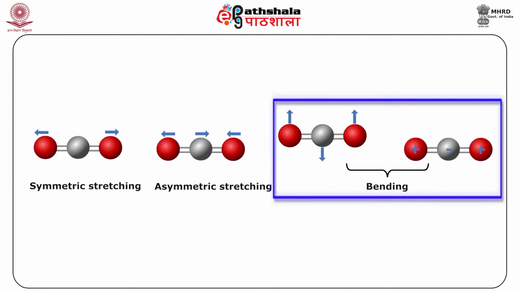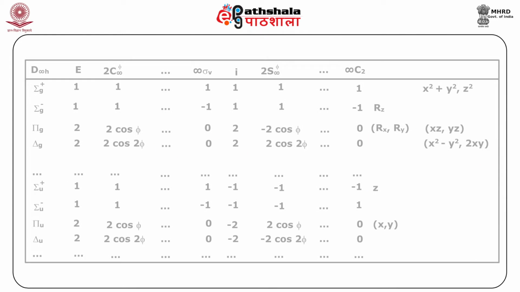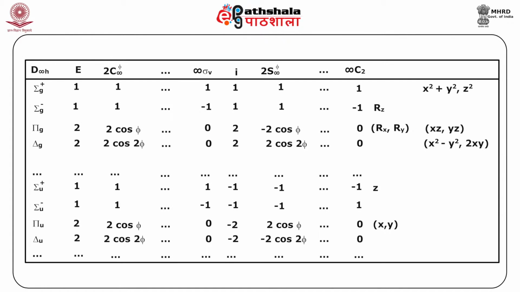Because the molecule is linear, there are 2 planes which can be considered perpendicular to this. One is in the plane of the paper, and the other one is perpendicular to the plane. Now carbon dioxide belongs to the D∞h point group, because it is a linear molecule, and its character table has the E operation, which is do nothing.